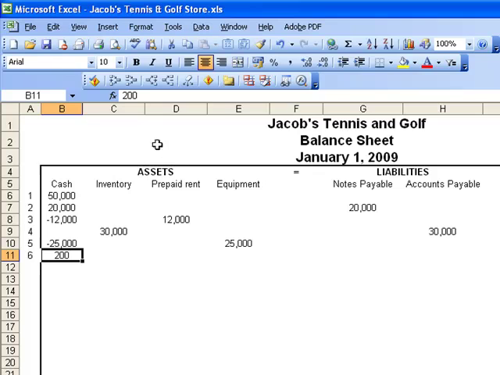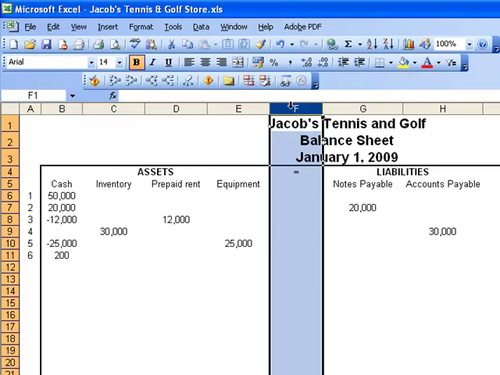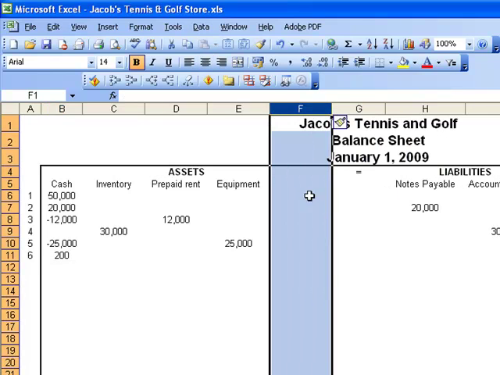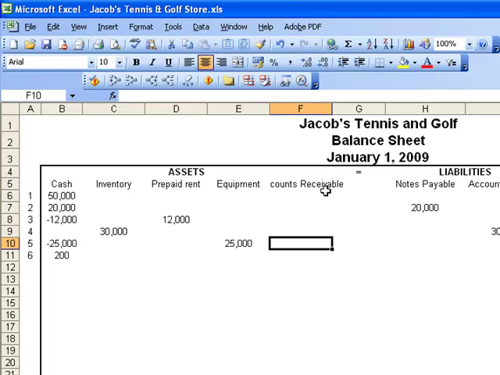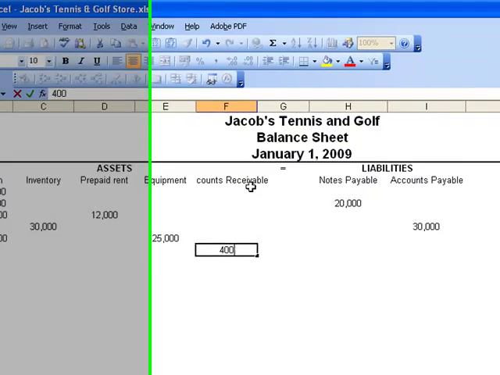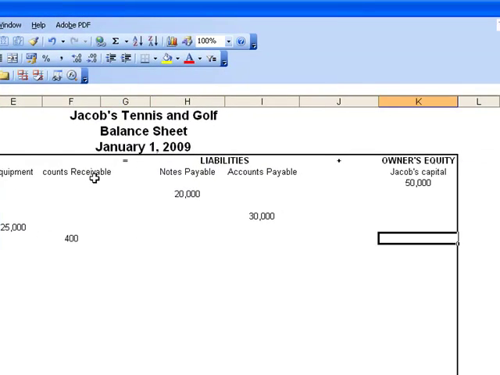We add another point in here. Let's add this accounts receivable, which is 400, and also Jacob's capital increases by 600.